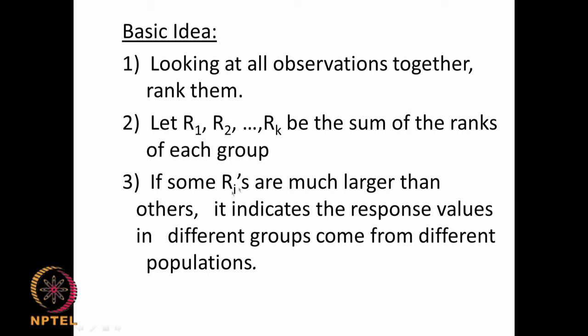If some of these R's are larger than others, it indicates the response values in different groups come from different populations. So what we do is we put all the data together, rank them in ascending order, then for each group we sum up all the ranks, and then we compare these ranks using some statistic.